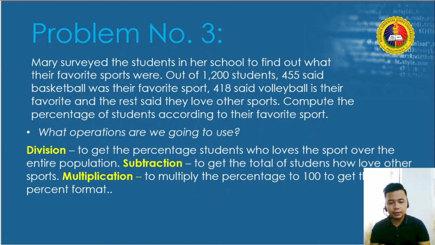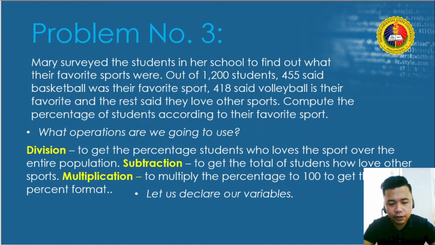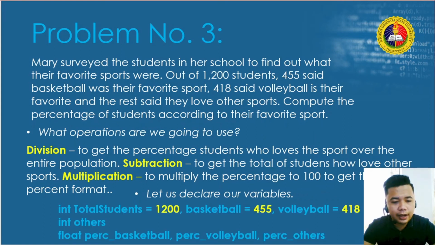We want it to be a whole number that represents the percent. So that's why we're going to multiply it back to 100 to get the proper percent format. Let's declare our variable first. So we have int total students, which is 1,200, basketball 455, volleyball 418, and int others. And then we have float for percentage of basketball, percentage of volleyball, and percentage of others.